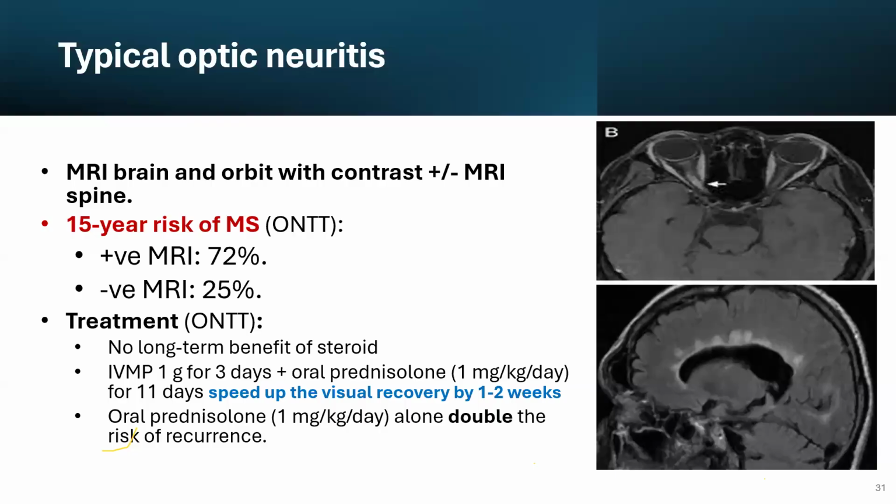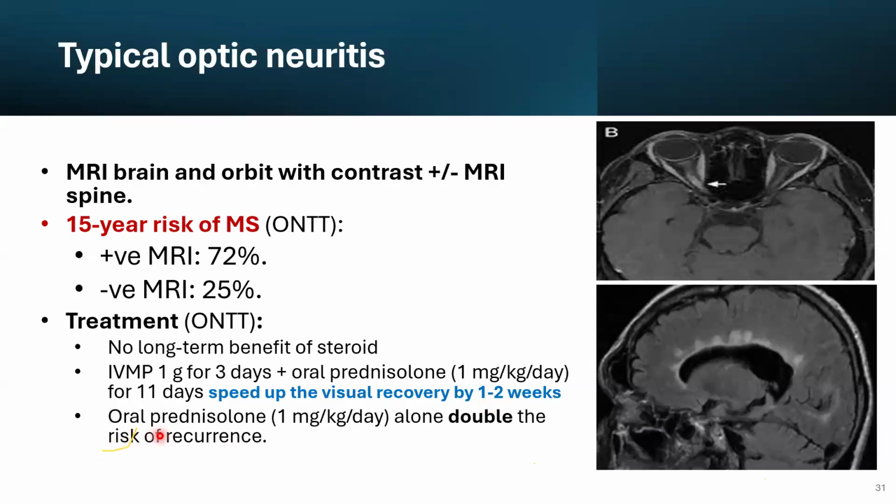The optic neuritis treatment trial was more than 30 years ago, but this is the result of that ONTT trial. There was no long-term benefit of steroid. However, if you give IV methylprednisolone 1 gram for 3 days, followed by oral prednisone 1 milligram per kg per day for 11 days, this will speed up the visual recovery by 1 to 2 weeks compared to no steroid.